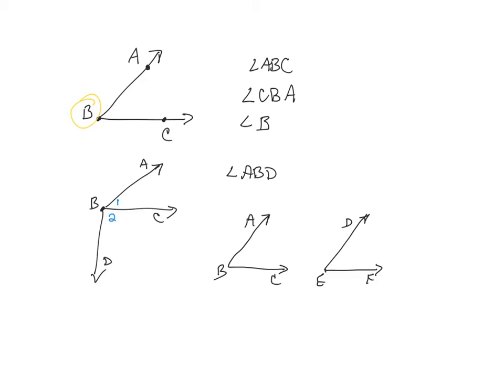Another way of knowing that they're congruent is this little arc in the angle. On segments, if segments were congruent, we had that little slash mark on the segments. If angles are congruent, we have the little arc symbol.